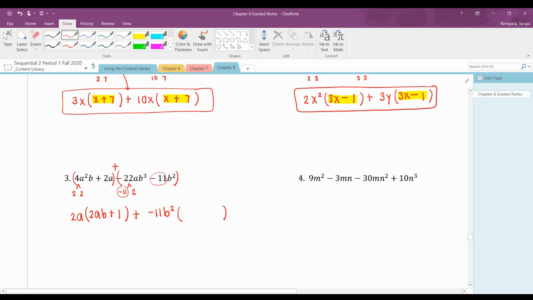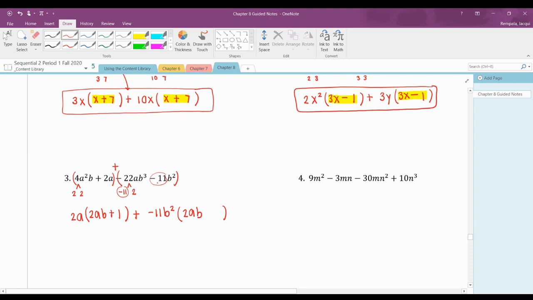So now I need to put what's left over. So looking at the negative 11 times 2 to get me the negative 22, the 2 is going to be left over. We'll still have an a because I didn't move that to the outside. If it was b to the third and I only took out 2 b's, we still have a b.